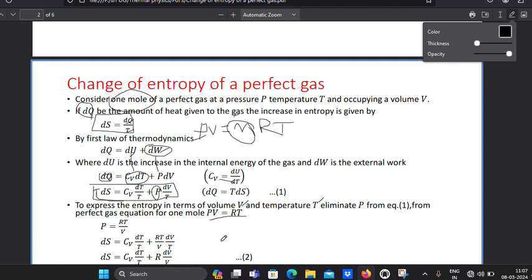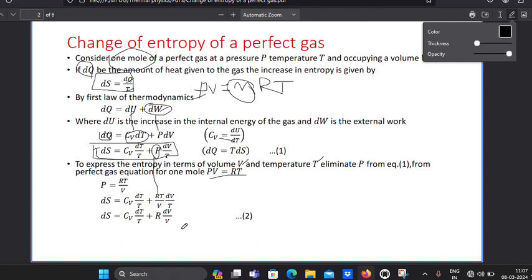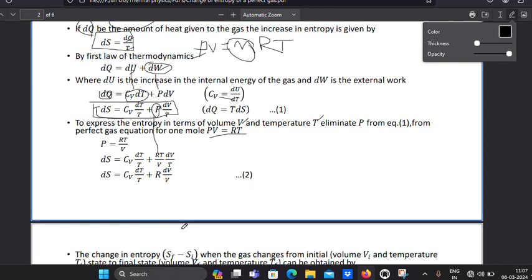From PV = RT, I write P = RT/V. So now we can easily replace this one. In this place we can write RT/V, as I have written here.